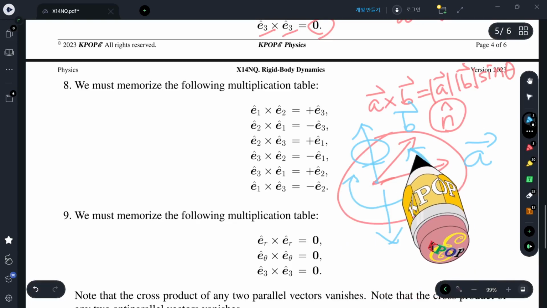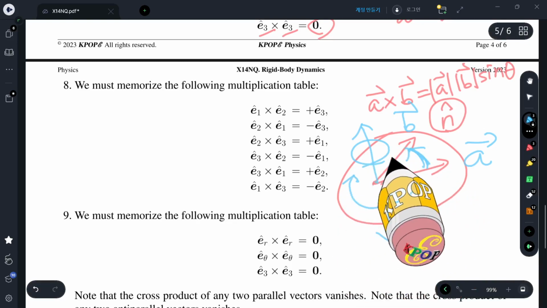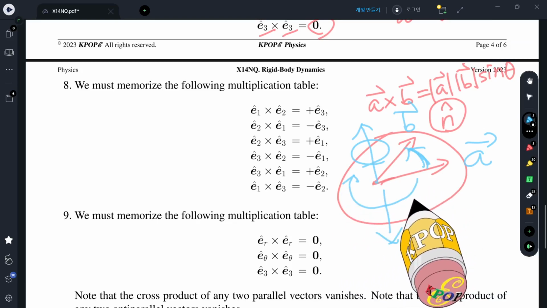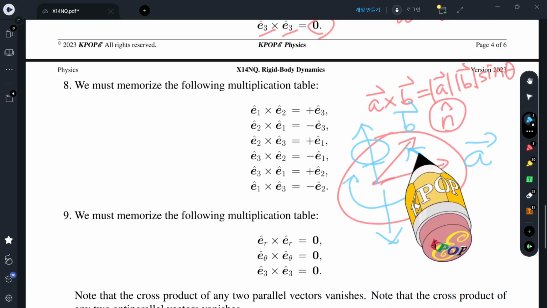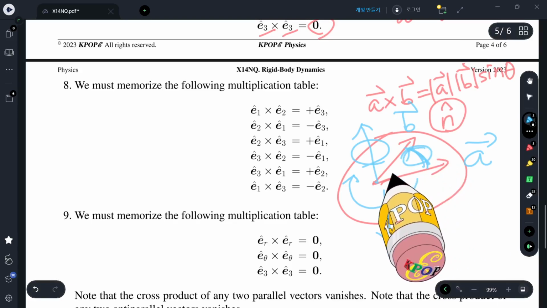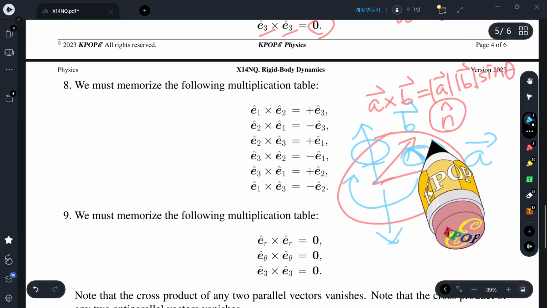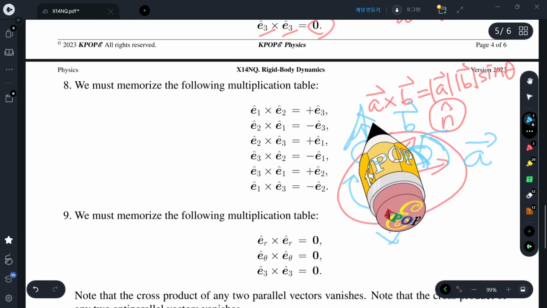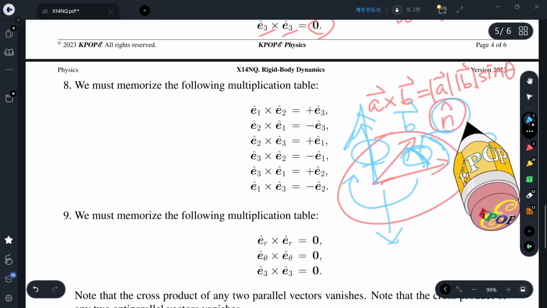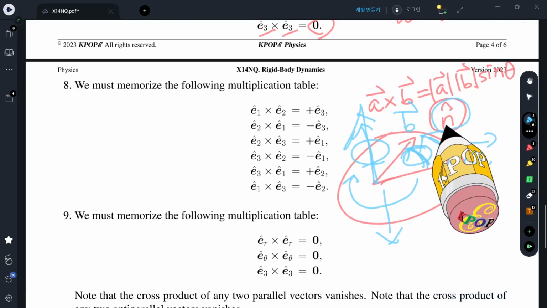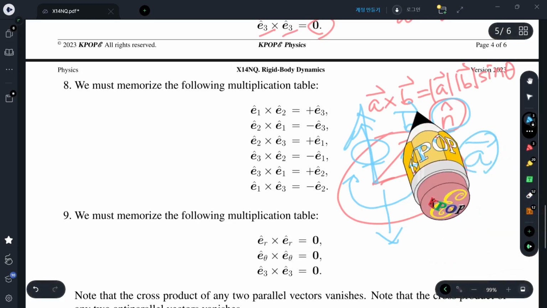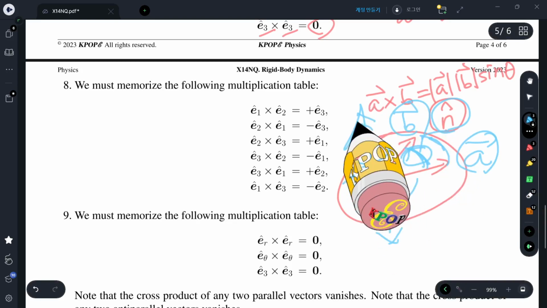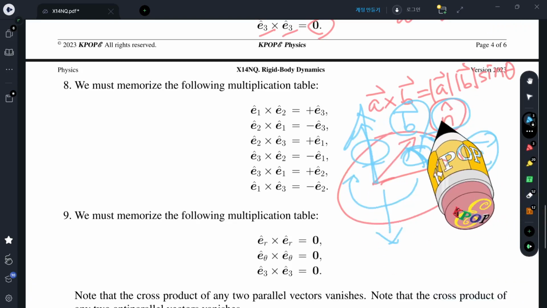That is, there are two angles making 360 degrees, and we go along the direction with the smaller angle. So if I rotate counterclockwise, the positive z-axis direction is the unit normal vector. So there is no ambiguity. Because of this relation, if I exchange A and B, the direction of the normal vector is upside down.